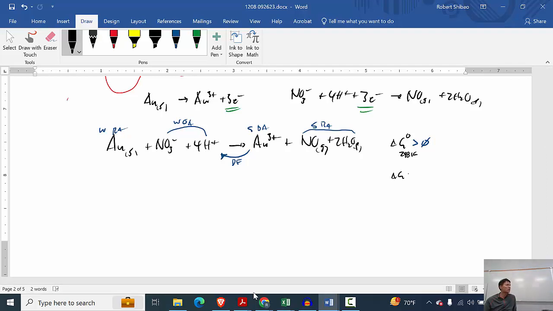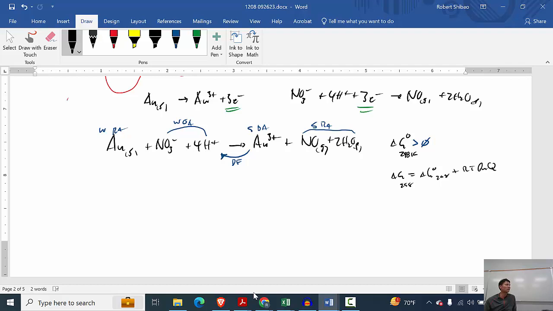So if we go non-standard, then we can take our standard, which is not favorable. This is going to be at 298. And then we're going to bump up the concentration to 16. In other words, before it was 1, now it's going to be 16, which means it's going to be 1/16. Taking the natural log of 1/16 is going to be negative, so it's going to make it more spontaneous.